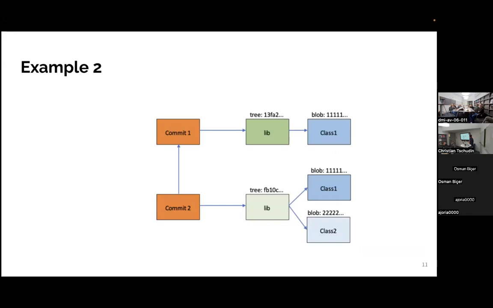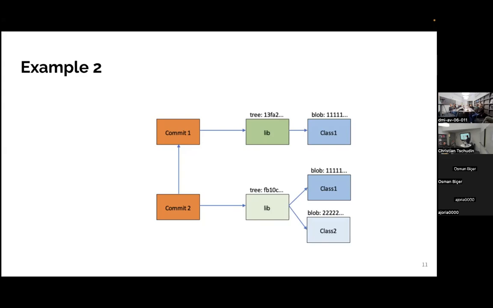Again, here we can see that for the first commit, we have one tree, and this tree captures this state. In this state, we had just one blob with this content, something. And the other commit has another tree with this file and this file, or this blob and this blob.